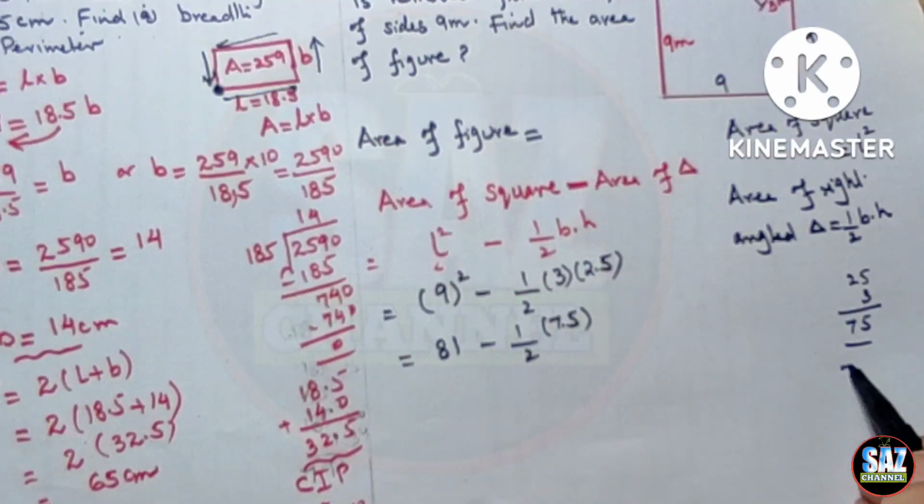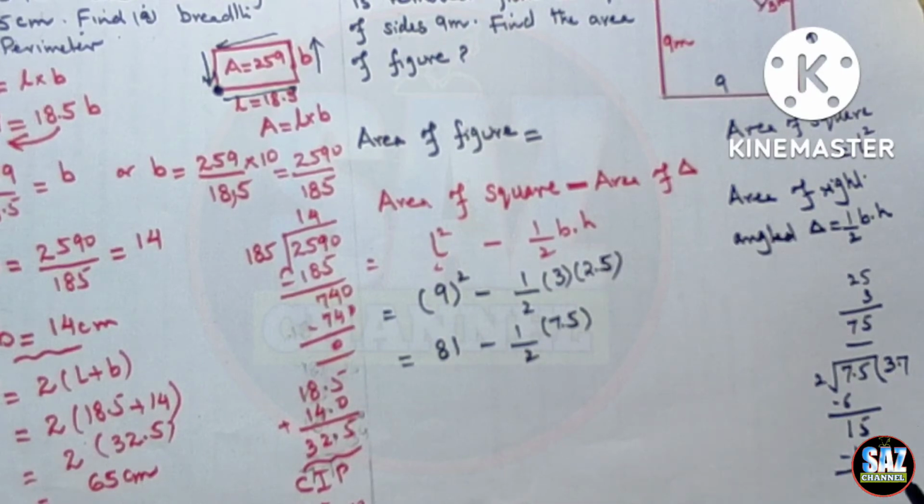Now what do I have to do? 7.5 divided by 2. This is 2 3s are 6. And I have to bring 1 down, and then I have to cross the decimal, and 2 7s are 14. I'm left with 1, and 2 5s are 10.